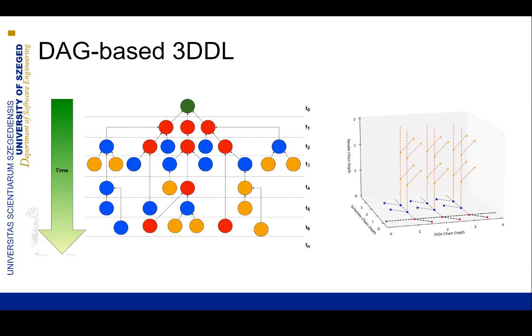Now, this is a visual demonstration of the DAG-based 3DDL. On the left, you can see the green node as the Genesis block. Red nodes represent the DID blocks, blue nodes represent schema blocks, and yellow nodes represent revoke blocks. As we said, each node should have exactly one parent, but can have multiple children.